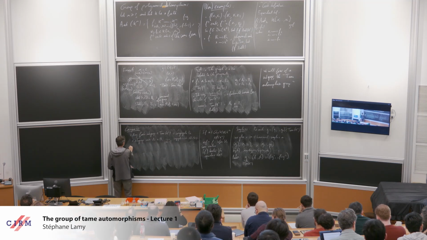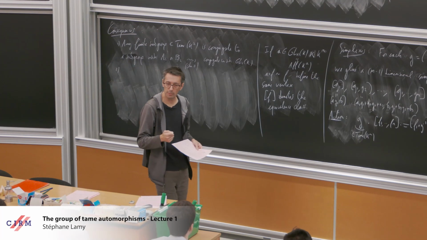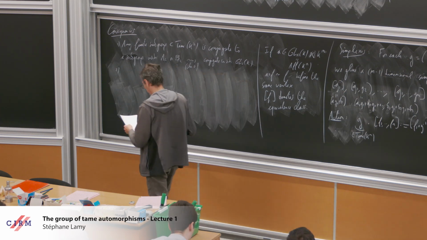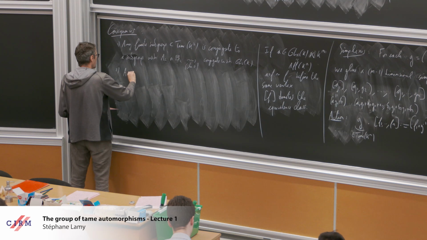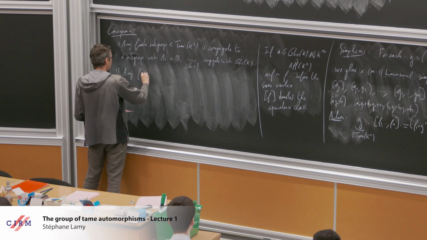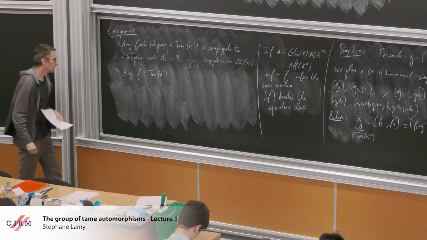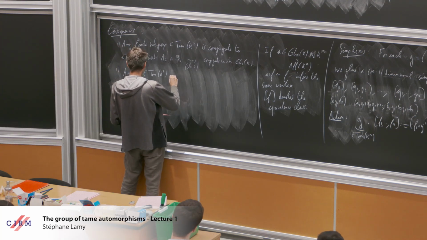Maybe the second one, I'm going to give you the answer for the dynamical degrees. So what are the possible dynamical degrees of polynomial automorphisms in dimension 2? It comes from the following classification. Any f in my automorphism group is conjugate to one of the following forms.